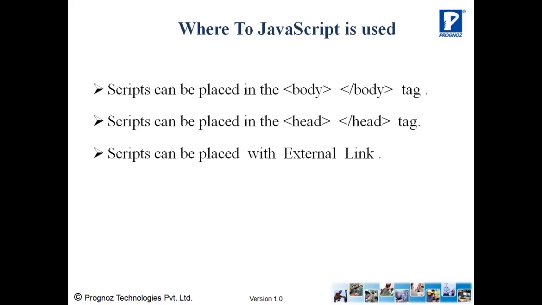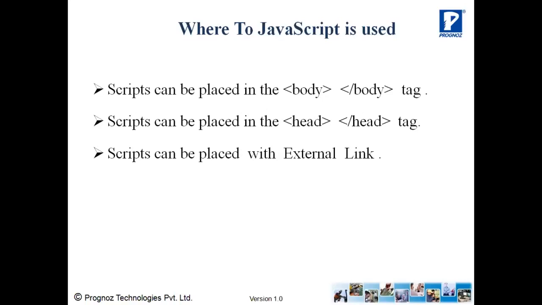Now, where can you use JavaScript in your code, means where we have to put the JavaScript code. So there are three options given for JavaScript, just like we had seen for CSS also. Here also I can put the JavaScript code within the body tag, or within the head tag.